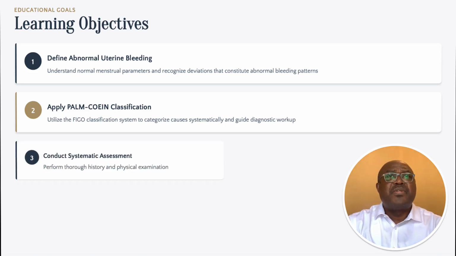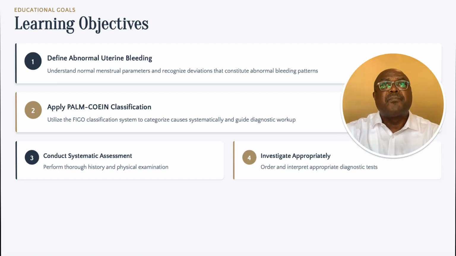Third, you will develop skills in conducting systematic assessment through thorough history taking and physical examination. This is where the diagnosis begins. Fourth, you will know how to order and interpret appropriate diagnostic tests based on clinical presentation and risk factors of the patient.